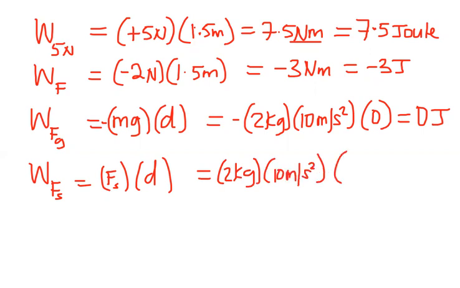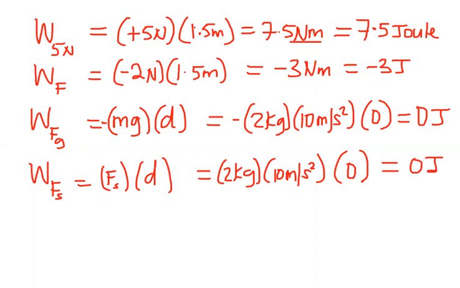But there is no displacement along the y-axis, along the direction where the force is going. So the displacement is 0 in the direction where the support force is acting. For that reason, this force does 0 work as well.